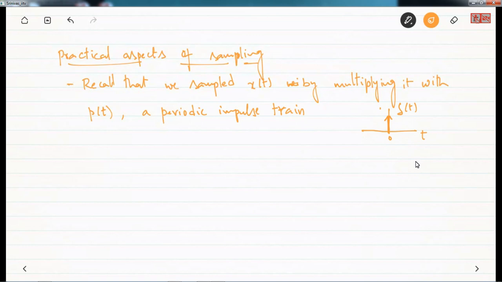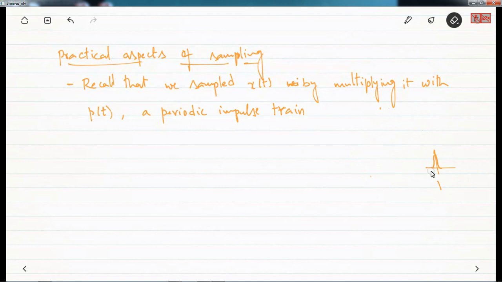every circuit will require some finite rise time and finite fall time. If I want to generate, I can at most generate a pulse something like this, or I can narrow it down. So these impulses are practically infeasible to use.